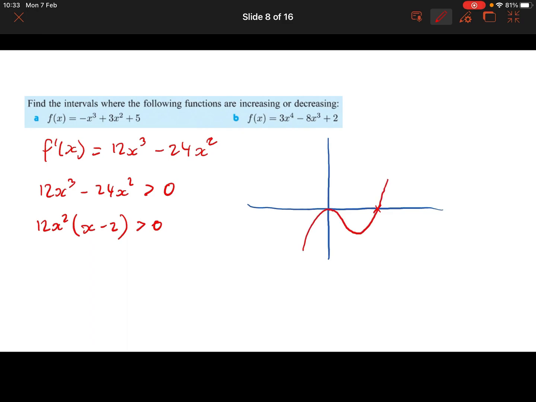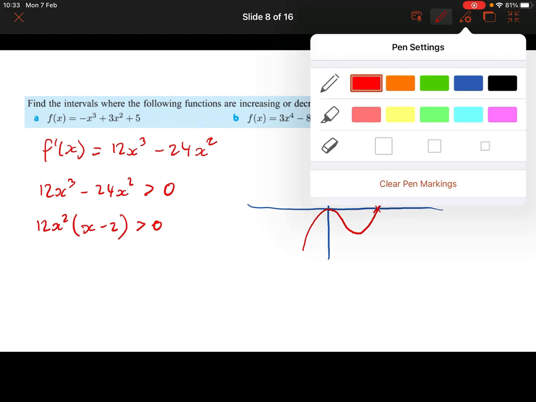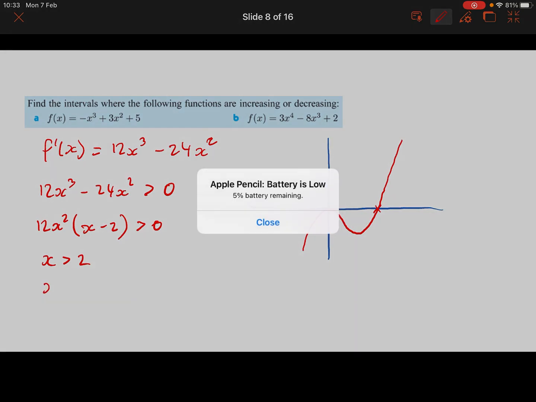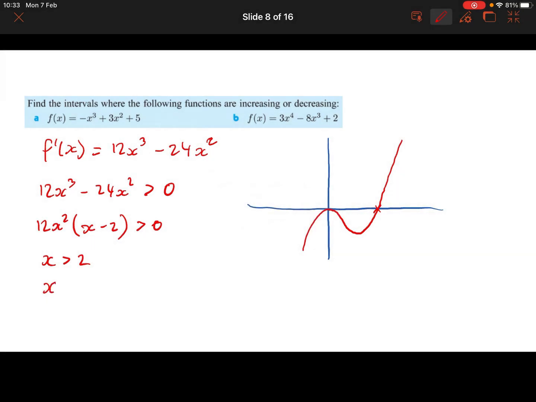Okay? So now I've done it graphically. I can see when is my function bigger than 0? Well, it only tends to be when x is greater than 2. And so logically, when x is less than 2, this is a decreasing function.